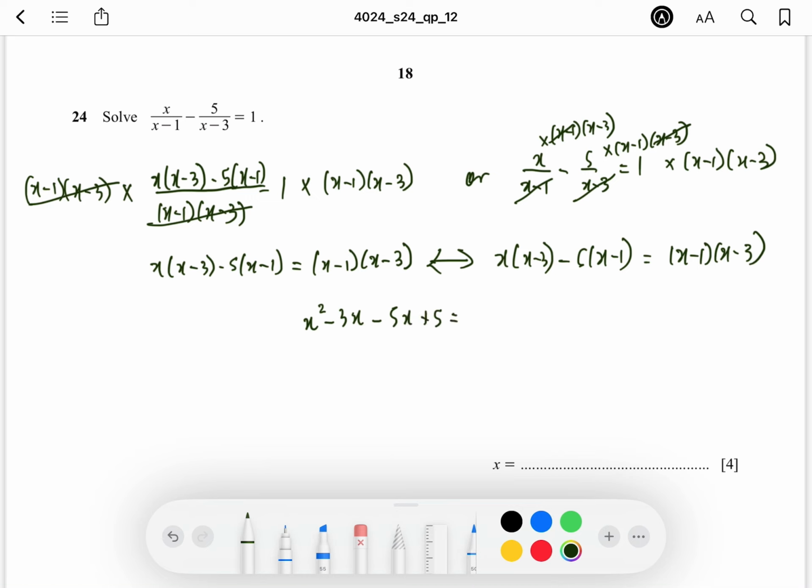Miss teacher pendengaran teacher teh. Terdengar teacher. Sebelah kanan. Jaleha. Sebelah kanan. X square.